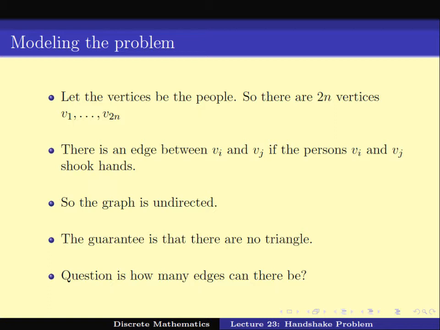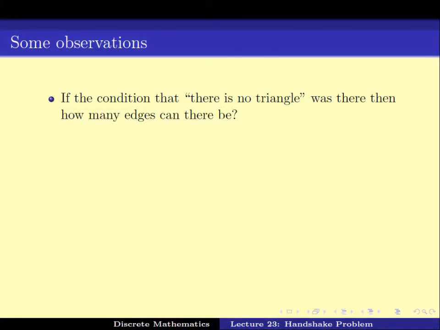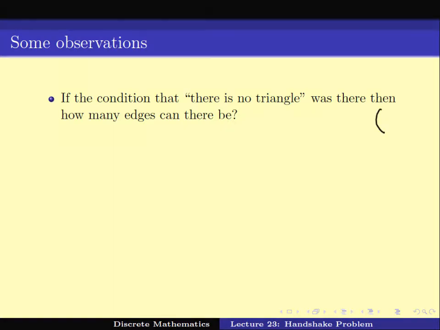Prove how many edges can there be. Right? So if I remove the condition that there are no triangles, then how many edges can there be? For any two of them we can have an edge, so it is of the form of 2n choose 2.